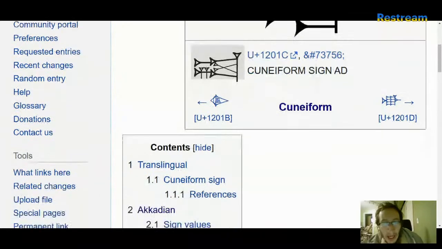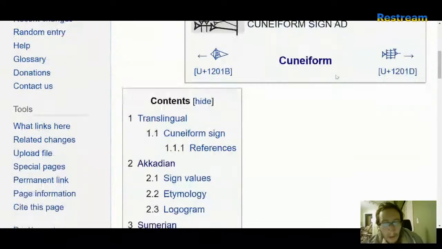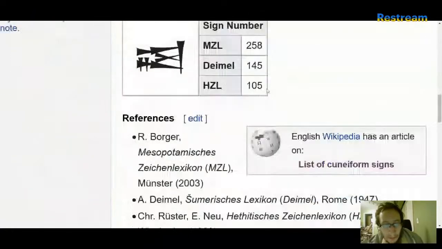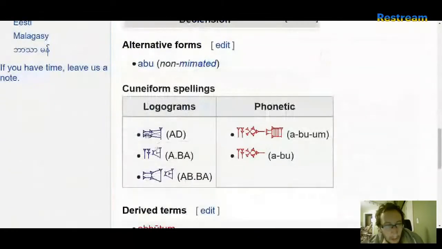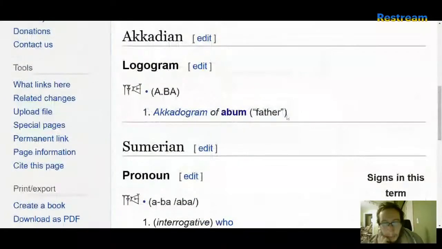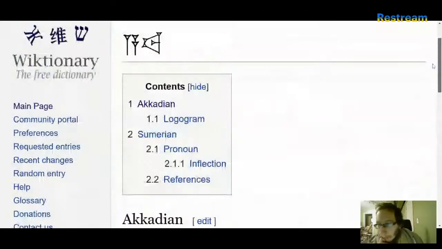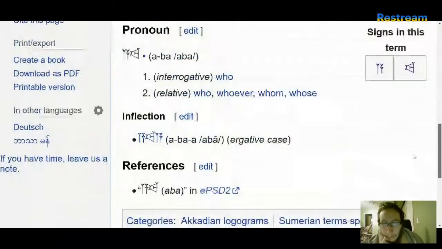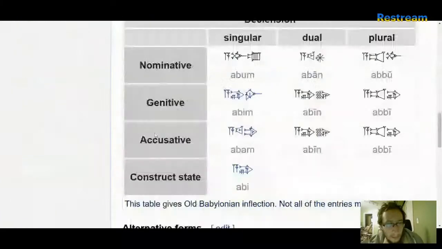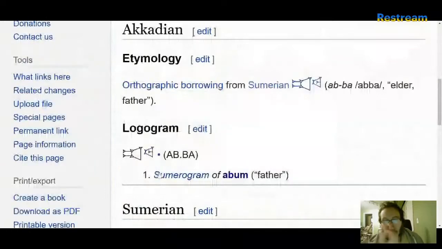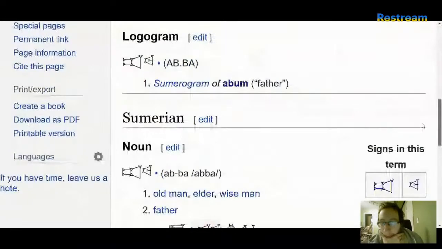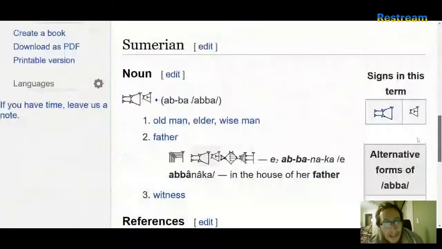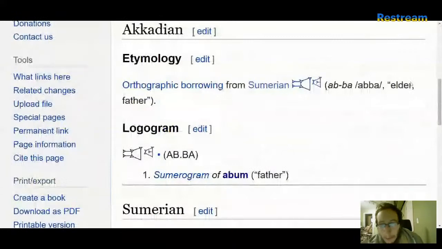So you could say ab with 1201C, then you have to have Alt X. Okay, it's not showing it here, but there's a number reference for each sign.